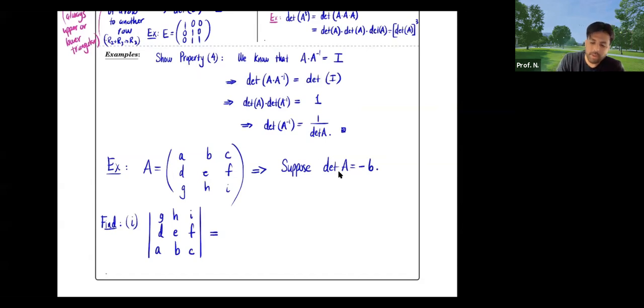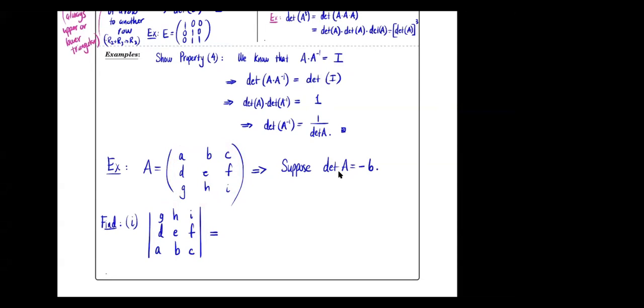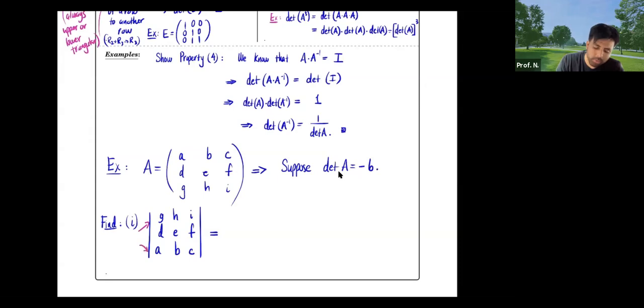What do you notice about this matrix that we want to find the determinant of, compared to this? They have the same letters, but what's the difference here? First and last rows switched. Yes, so we swapped rows. We swapped row 1 and row 3.